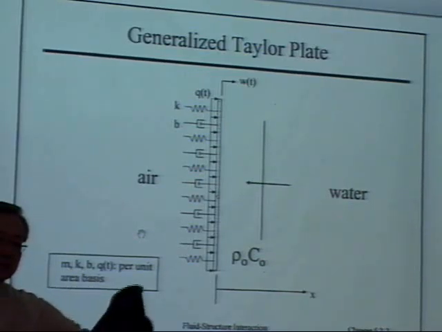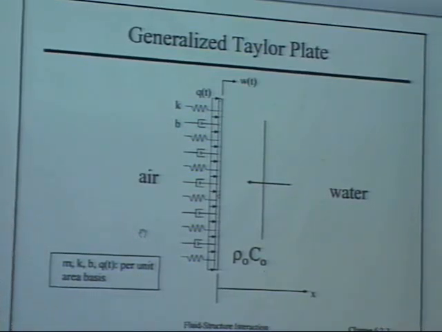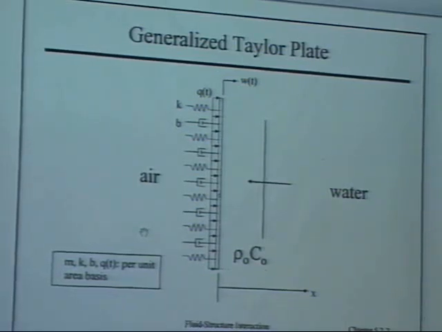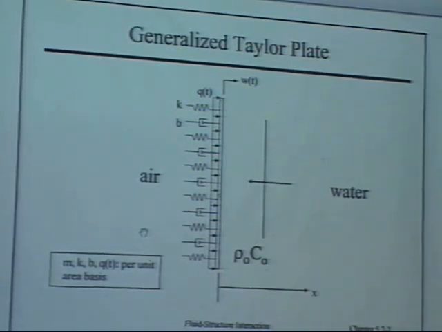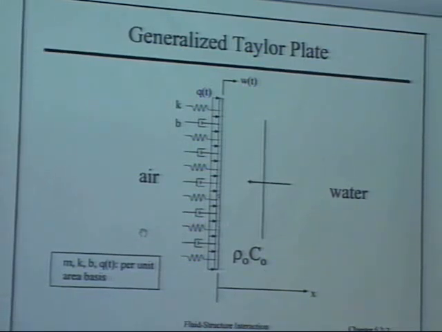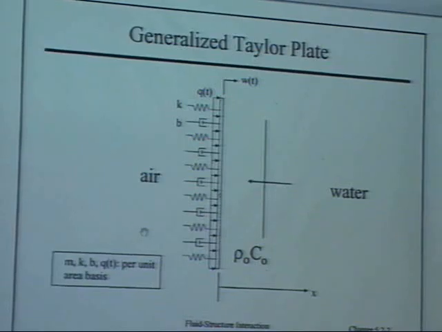So we are dealing with mass per unit area. Then over here, K is like a stiffness for the plate, and we're going to deal with the stiffness per unit area, right? Otherwise, it's infinite mass, infinite stiffness.